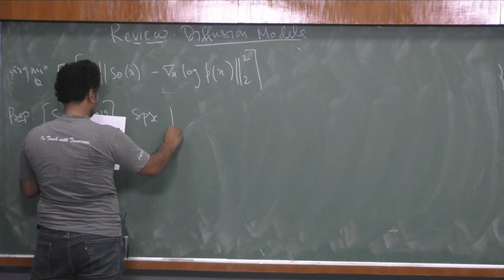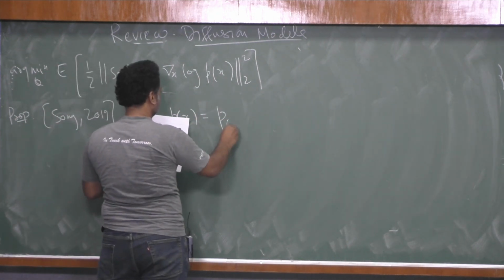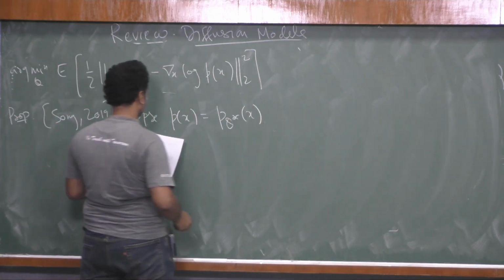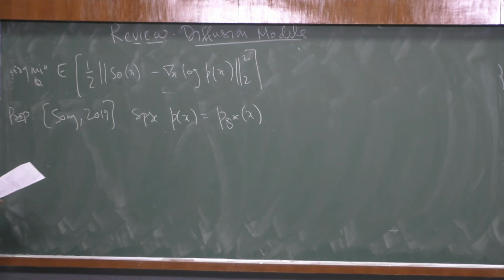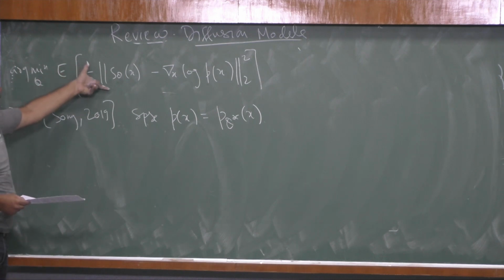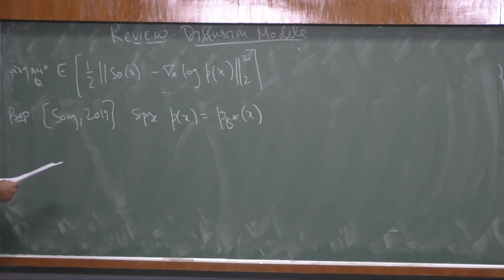Suppose p(x) is p_theta star(x). Let us say p(x) can be obtained by minimizing this objective, for which there exists a theta star such that p_theta achieves the true distribution.